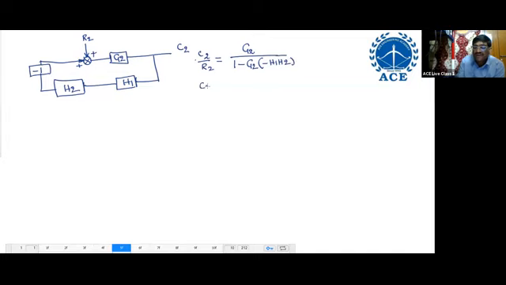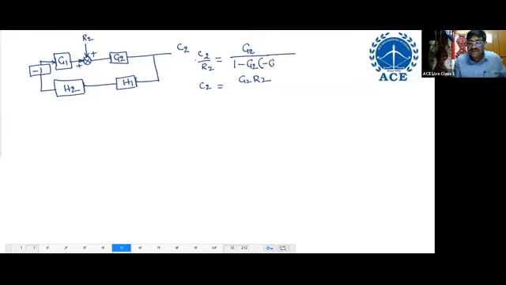That means what is C2 you will get? G2 R2 by, here G1 is there, na? Here block gain is G1. That means what is the feedback path gain?